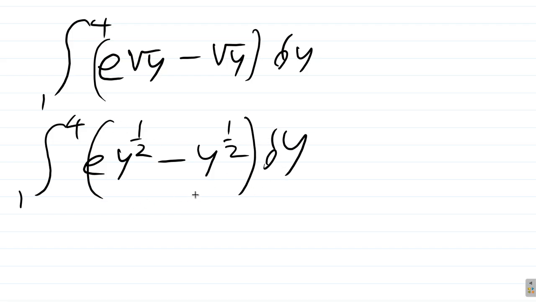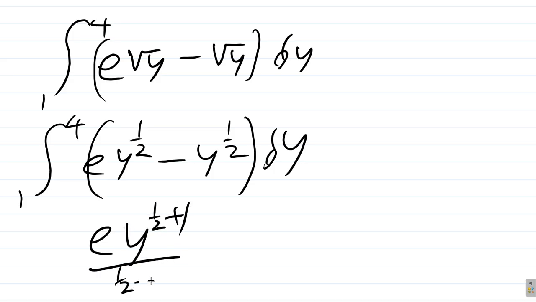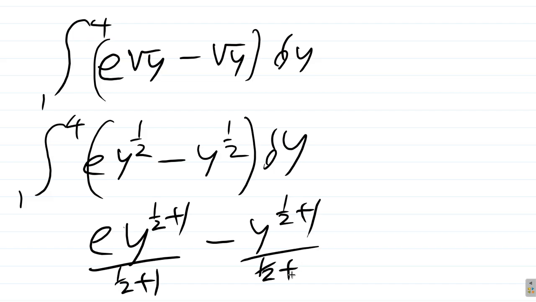dy. Okay. So when you do the integration, it's e y to the half plus 1 over half plus 1 minus y to the half plus 1 over half plus 1. And you're going from 1 to 4.